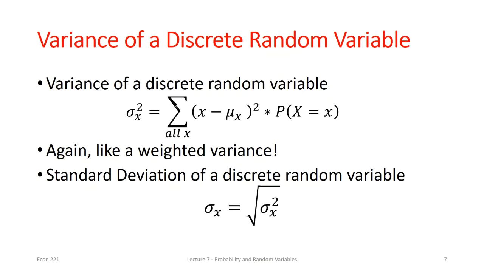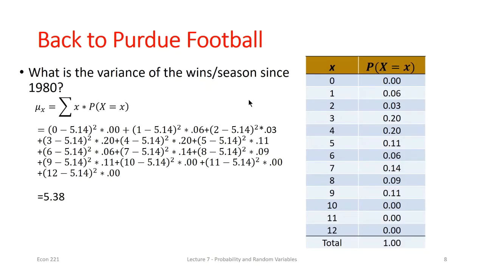Once again, the denominator should be the sum of our weights, but our weights are probabilities, and we know the sum of the probabilities for every possible outcome has to be 1. So it's really like a weighted variance, but simplified. Same kind of rules apply as always. If we have the variance of this discrete random variable, to get the standard deviation, we would just take the square root.